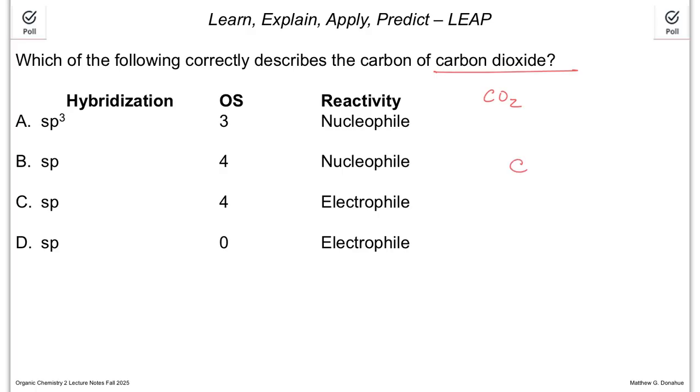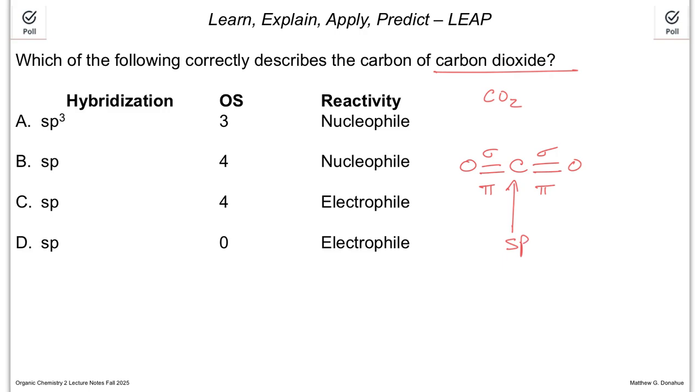So we have a centrally bonded carbon, and there's 2 oxygens. We need to make carbon into the octet, so that means we have to put a pi bond to each oxygen. So we have sigma, sigma, pi, and pi. That makes the carbon sp hybridized.